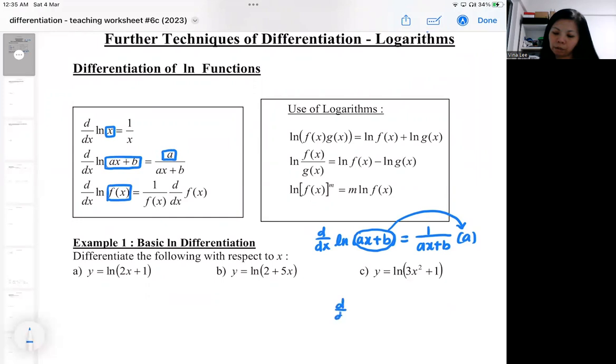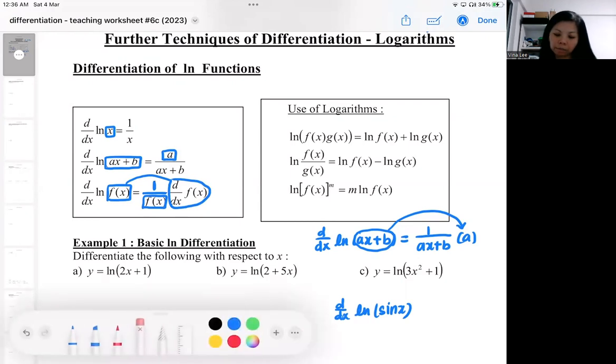Sometimes they can give you a ln trigo. They can give you a trigo inside a logarithm. So whatever it is, you disappear the ln first, it becomes 1 over f(x). And then you differentiate the f(x) as a separate function. So that's the general one that we will be doing.